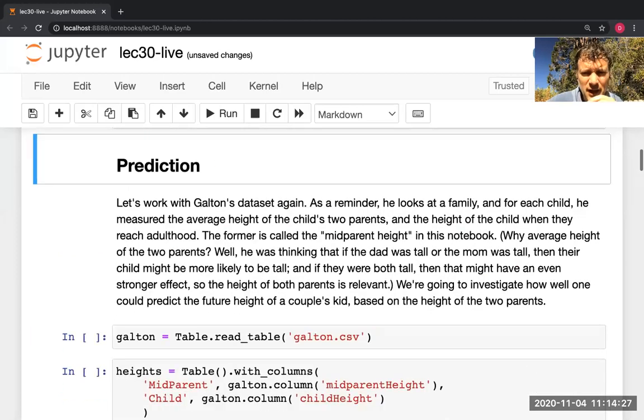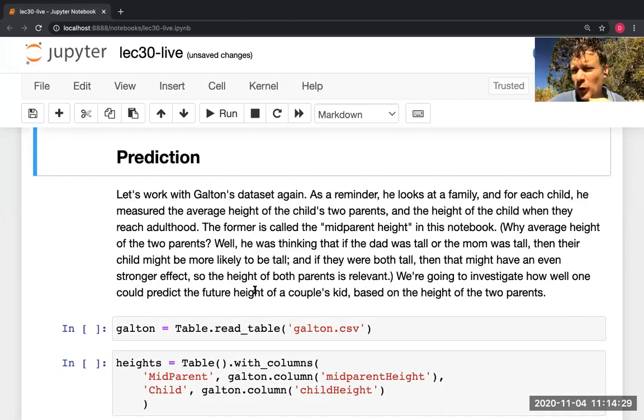All right, so we're going to work with Galton's data set. Remember that one? This is that creepy guy who was all into eugenics and crafting the future master race. Really weird stuff. But one of the things that he was looking at was, gee, could we raise taller kids?